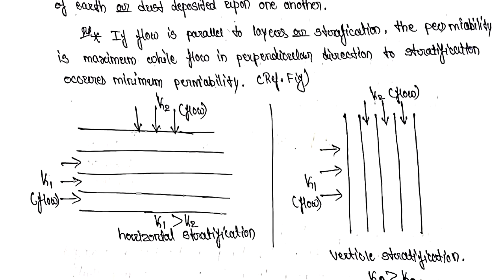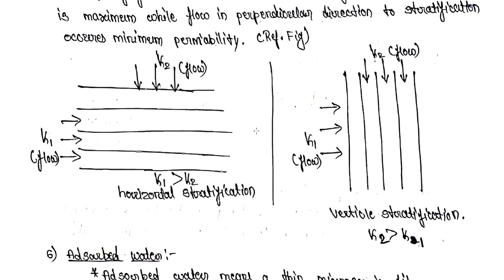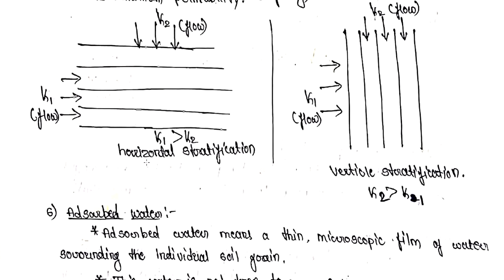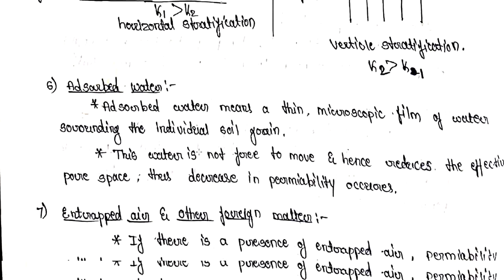When the flow is perpendicular to the direction of stratification, here it is K2, here it is K1, and in this case the flow will be minimum. So K1 will be greater than K2. In this case, K2 will be greater than K1, because here K1 is parallel to stratification, here K2 is parallel to stratification.